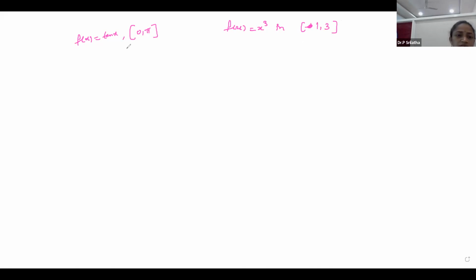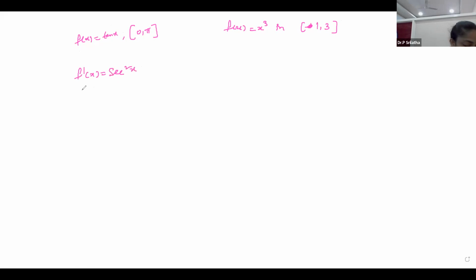So whether Rolle's theorem is applicable for f of x equal to tan x or not? No. Why? Because it is discontinuous at pi by 2. Yes. Okay. So f dash of x is nothing but, differentiation of tan x is secant square x, right?